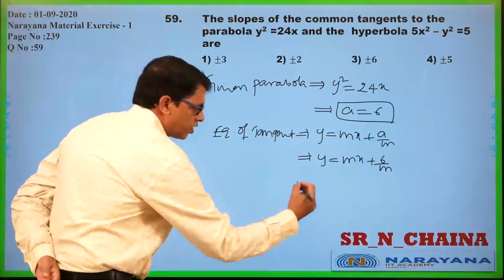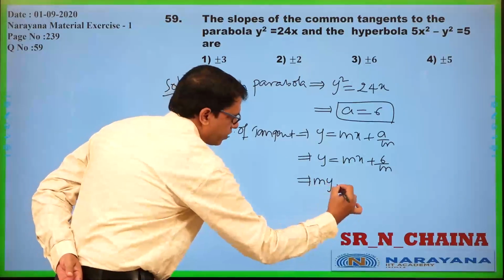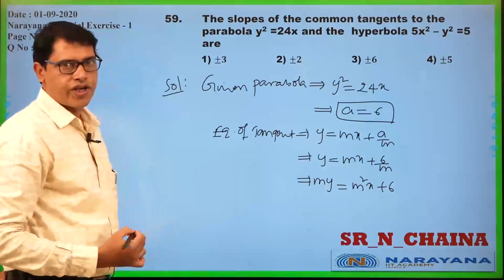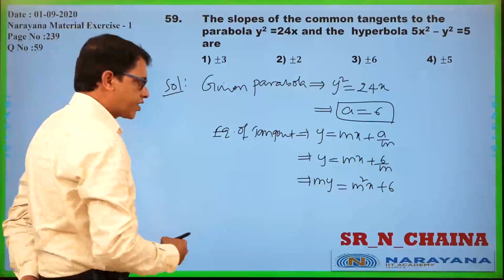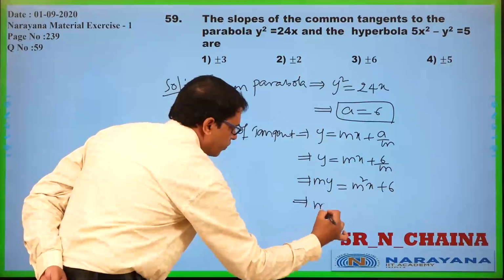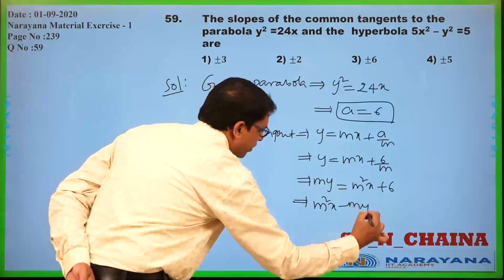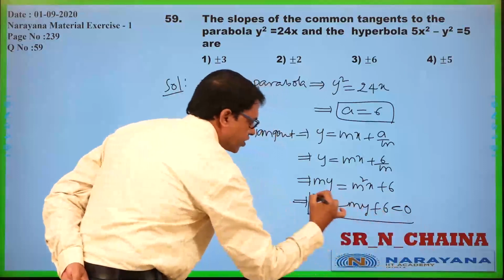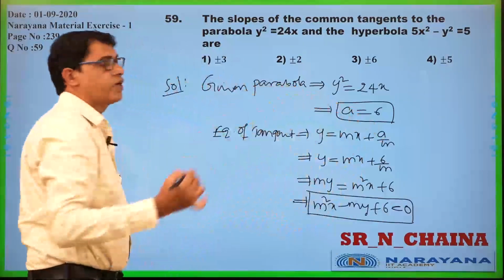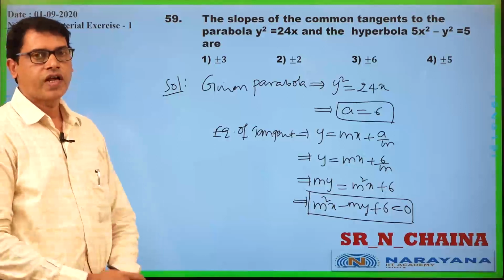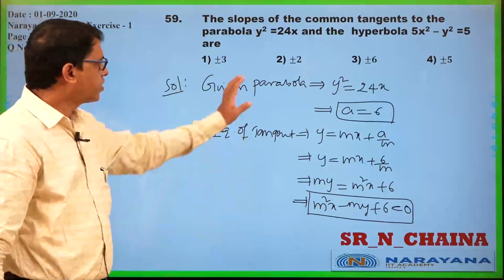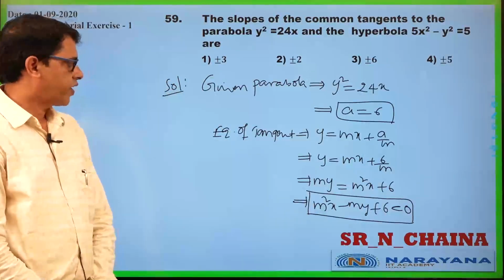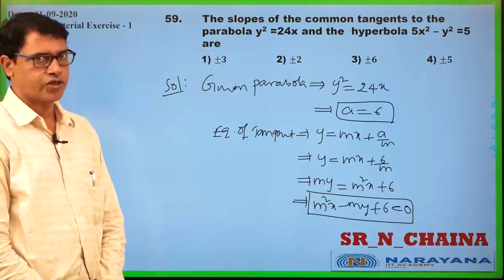Then we get m into y equal to m square x plus 6. Rearranging the terms, first the x term: m square x minus my plus 6 equals 0. So this is the equation of the tangent for the parabola y square equal to 24x.